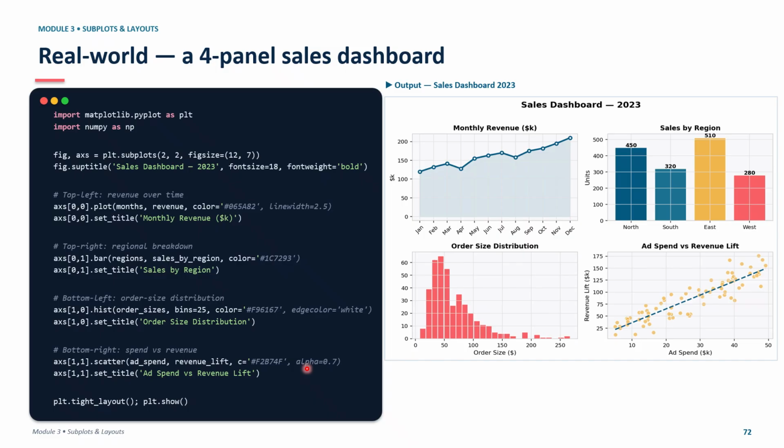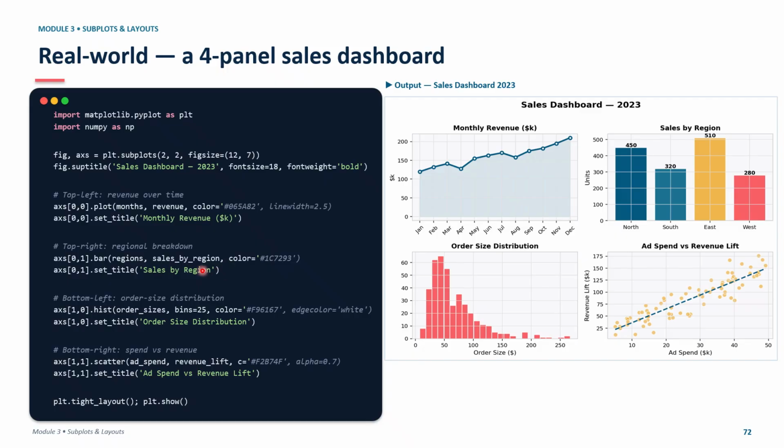So let us understand the data setup first. We have the months starting from January through December, so 12 months of 2023. The revenue is the monthly revenue values, which is going to be in thousands, and the regions are north, south, east, and west.